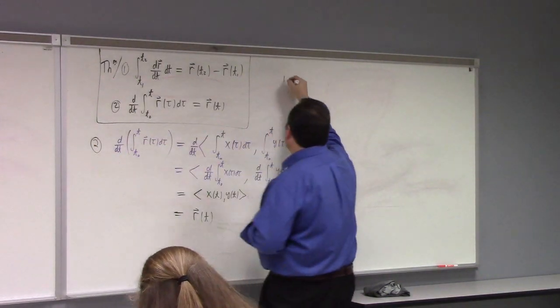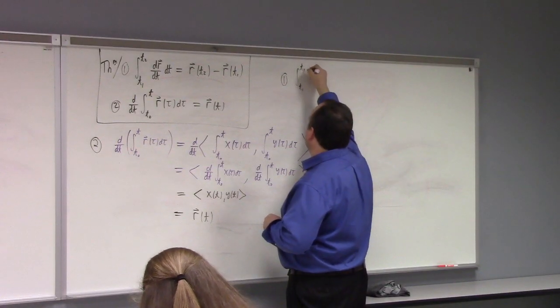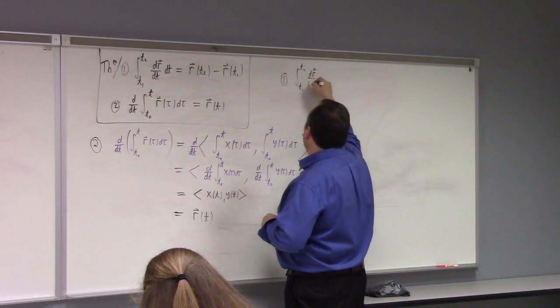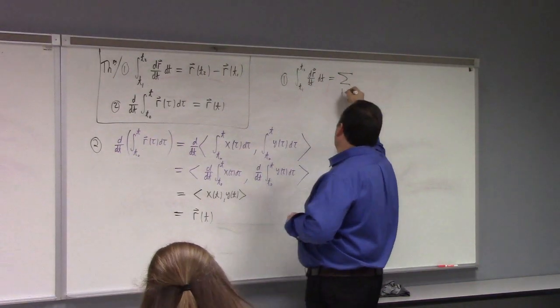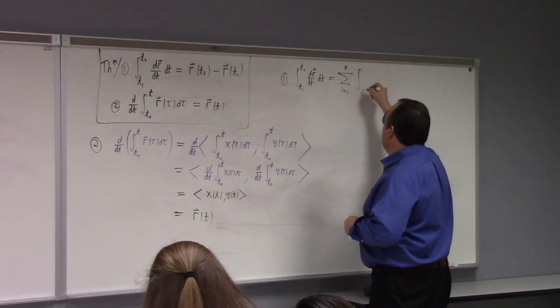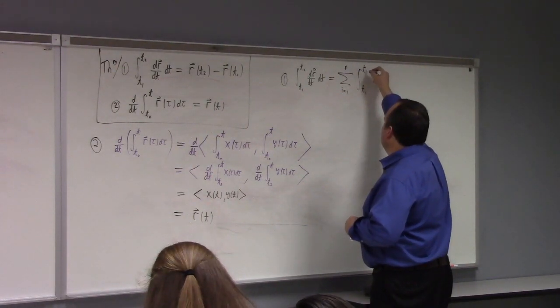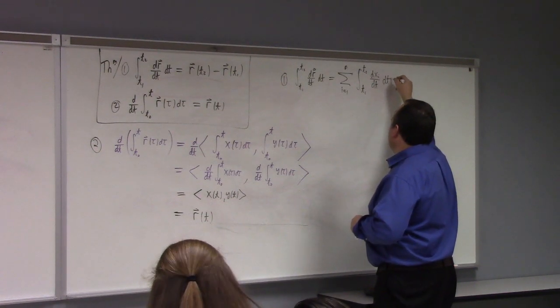For 1, if I'm talking about the integral from t1 to t2 of dr/dt, that's the sum, i equals 1 to n, of the integral from t1 to t2 of dx_i/dt, right?